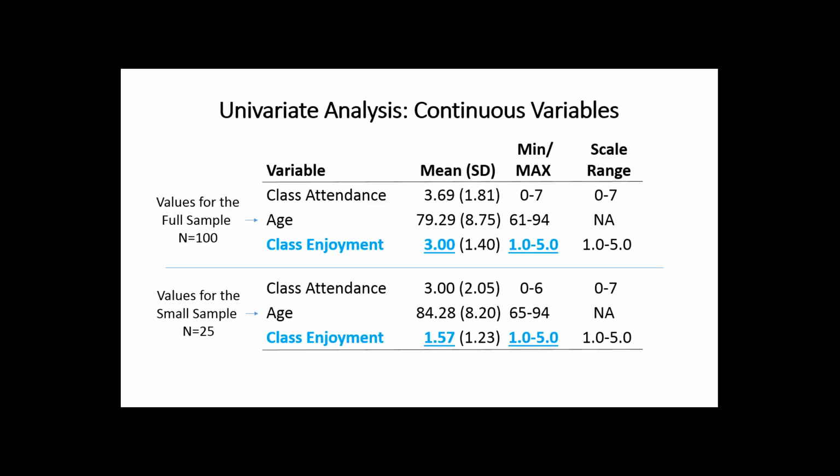That's like half the mean of the full 100. That's a lot closer to the beginning of the continuum, so didn't enjoy class at all. It was 1. So the average person for class enjoyment is pretty low. So it looks like if we only use the 25, people didn't enjoy class that much, when really among the full 100, it wasn't that bad.